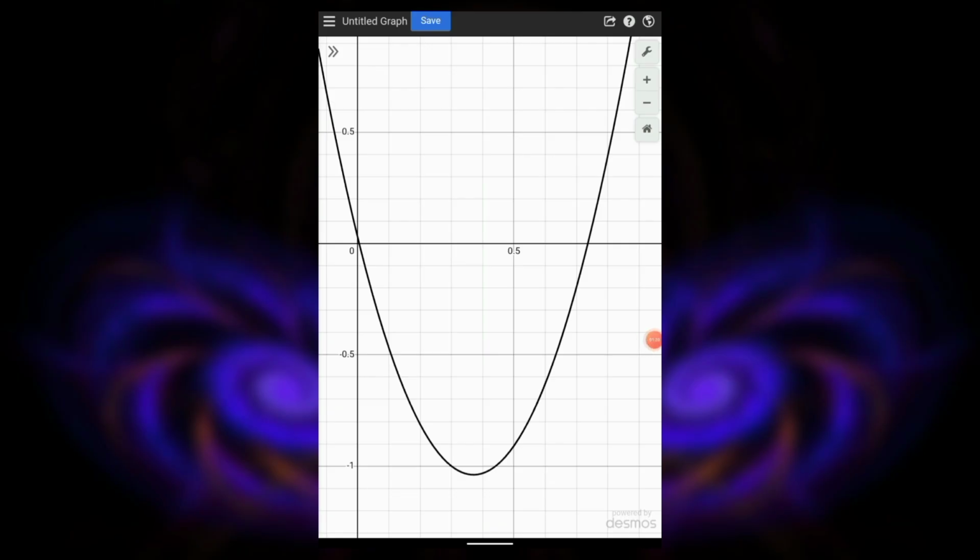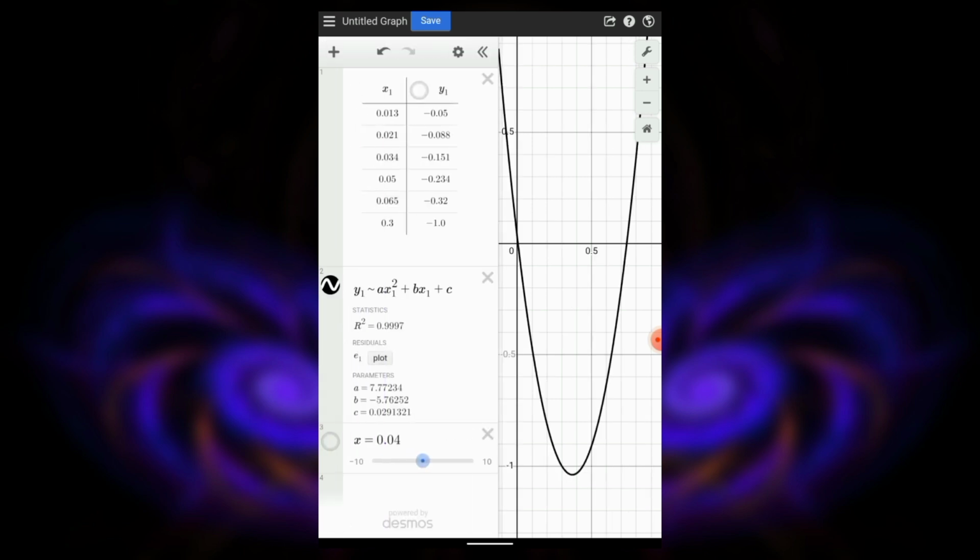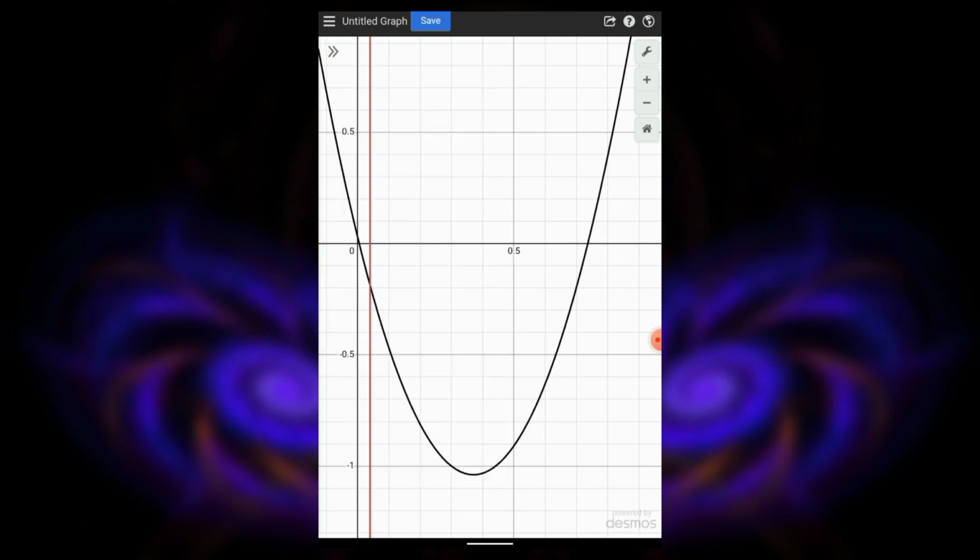Here we are in Desmos with the curve that was previously shown to you, and we have to find the value of this curve where the mole fraction of ethanol is 0.04. So I just have this set equal, and I turn this on, and the intersection point will be our value.